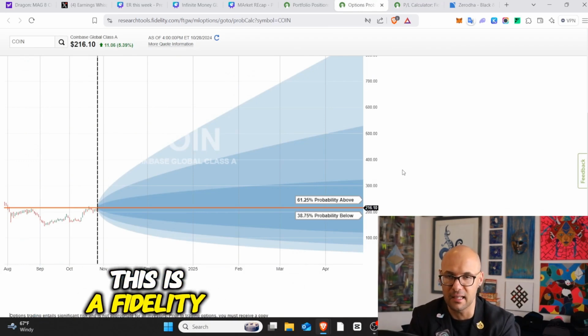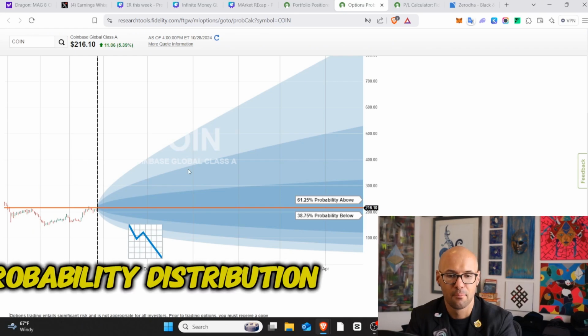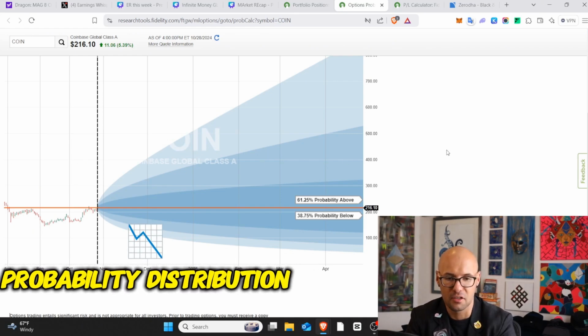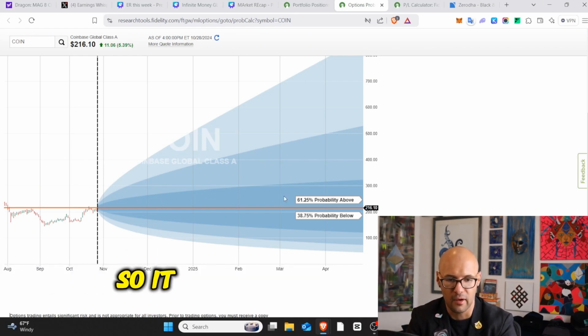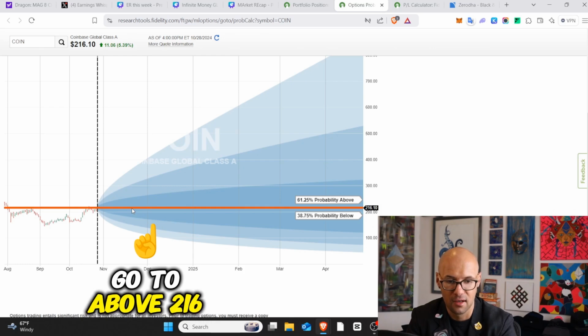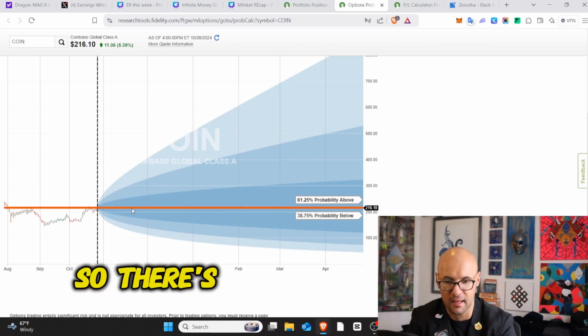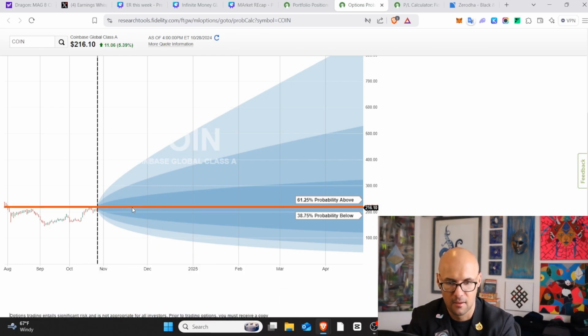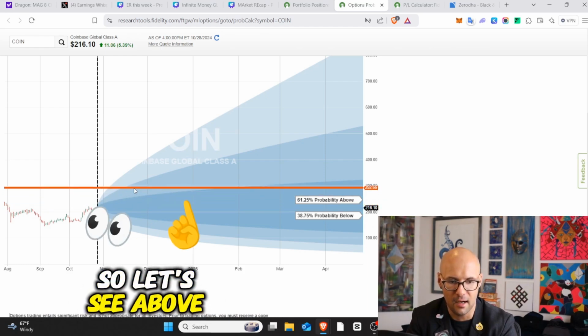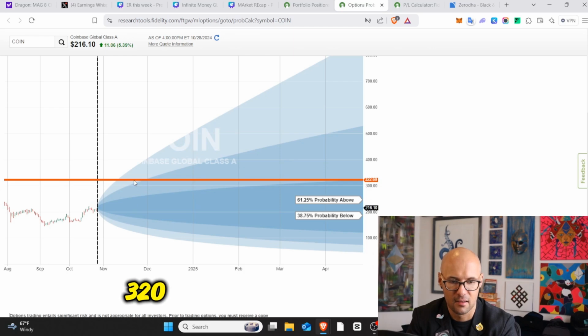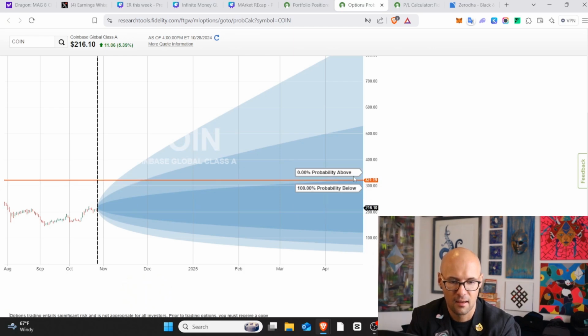This is a Fidelity options probability distribution chart. So it will likely go to above 216, 61%. So there's positive momentum. So let's see above 320.